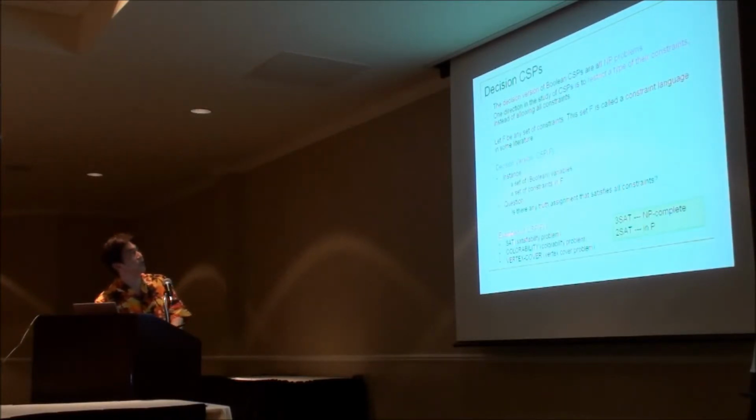The decision version of the CSP is given a set of variables and a set of constraints, but all the constraints are drawn from this particular set F. And the question is exactly the same as before. We ask whether there exists a truth assignment, a satisfying assignment. So SAT is an example of the decision CSP, and graph coloring, vertex cover problems, and a whole bunch of problems belong to these decision CSPs.